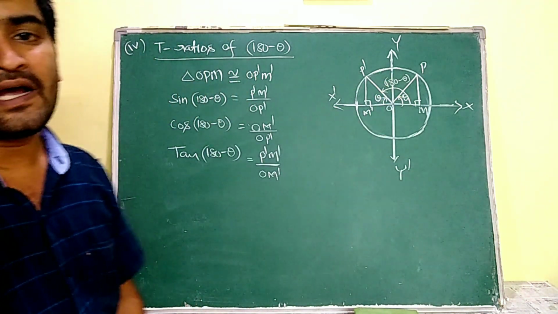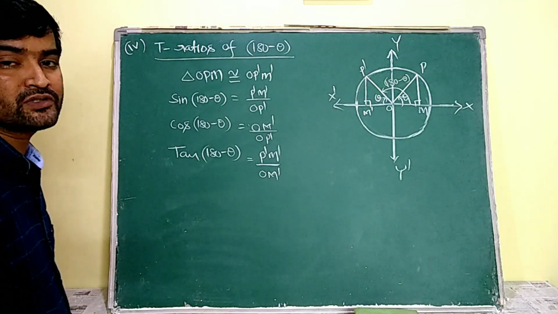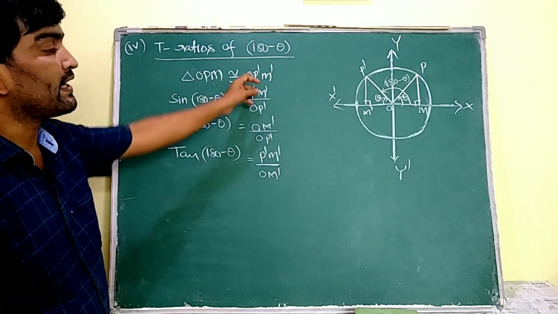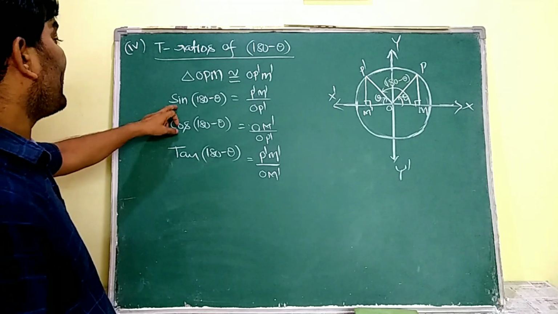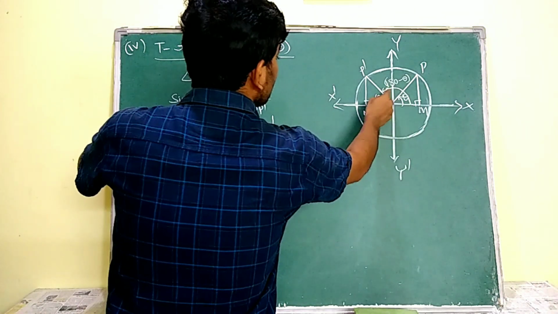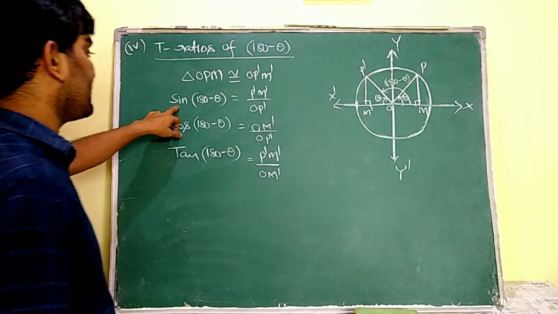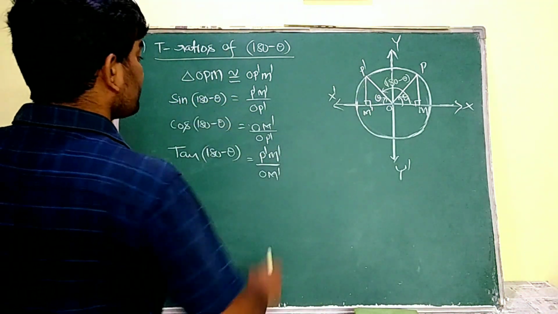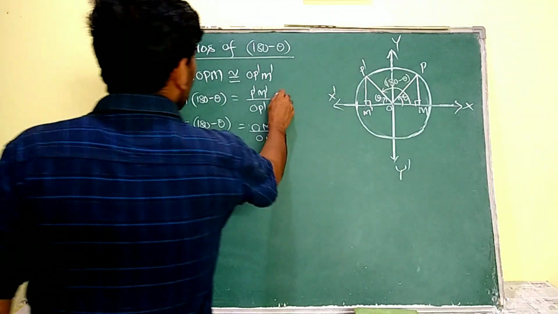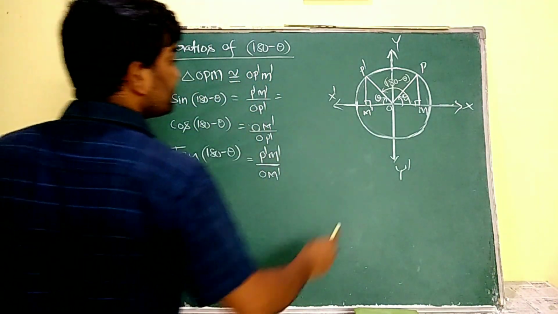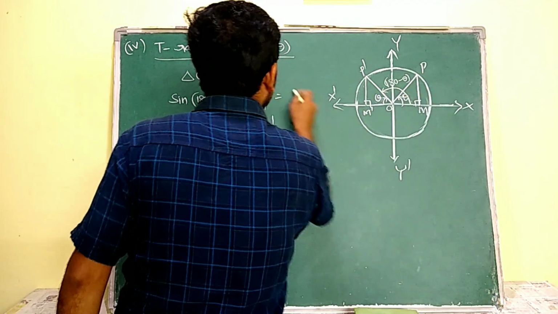So by using angle side angle congruency, these two triangles become congruent. Now find sin 180 minus theta. See, this is the angle. Sin 180 minus theta means this angle's opposite side is P dash M dash, by its hypotenuse OP dash. So these two triangles are congruent, no? See, P dash M dash is nothing but PM.